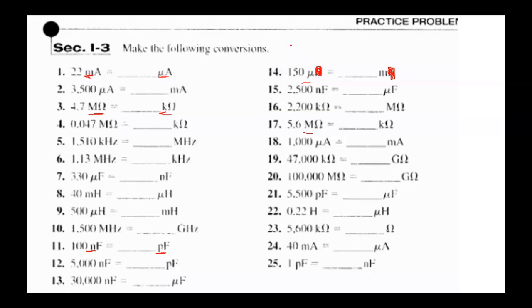So if we do the when in doubt, write it out, to get my decimal right here at 150 micro, okay? Micro means I moved my decimal how many times? Moved it 6.